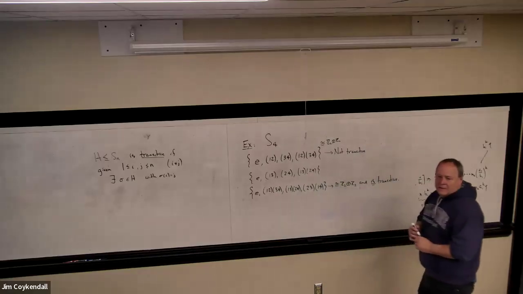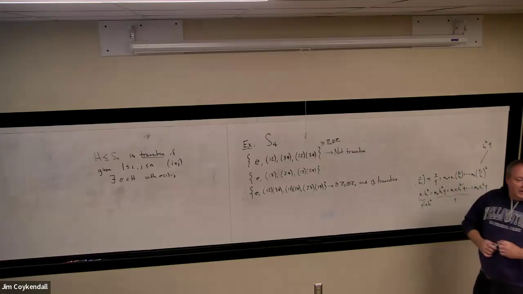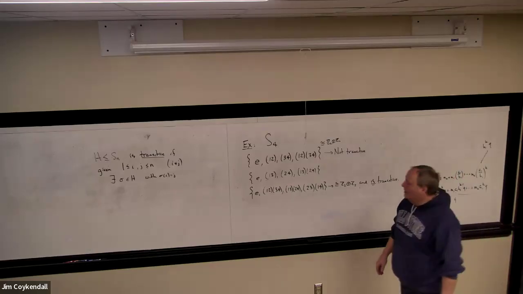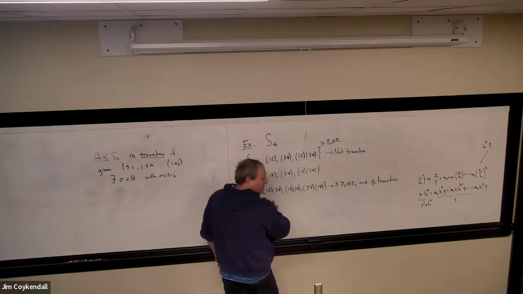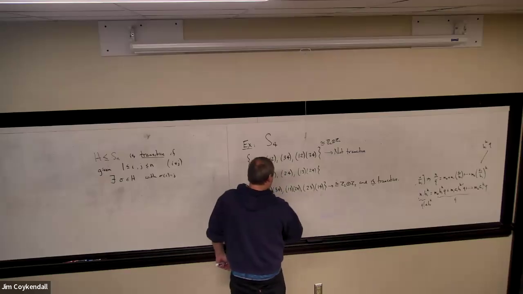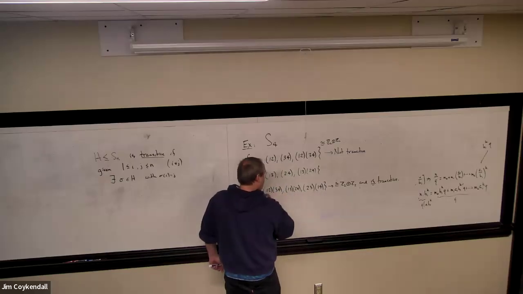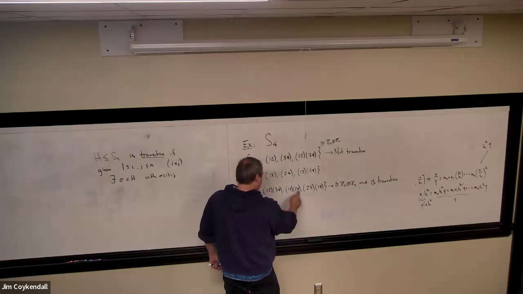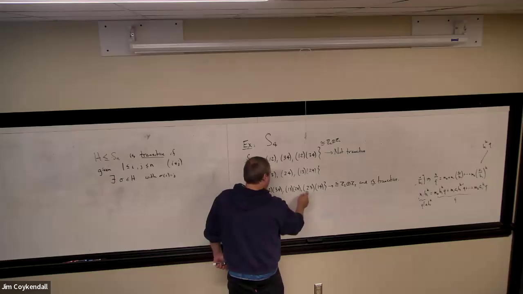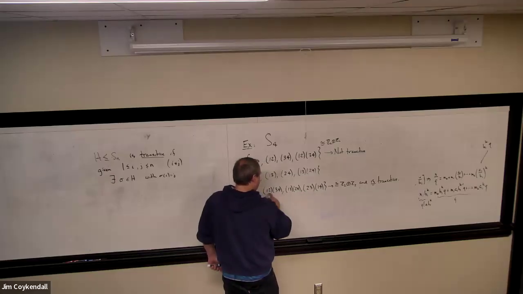I think this is a weird example. It's not really clear that this actually is a subgroup, is it? But notice if you multiply these two elements, 1 goes to 3 to 4, 4 goes to 2 to 1, 2 goes to 4 to 3, and 3 goes to 1 to 2.